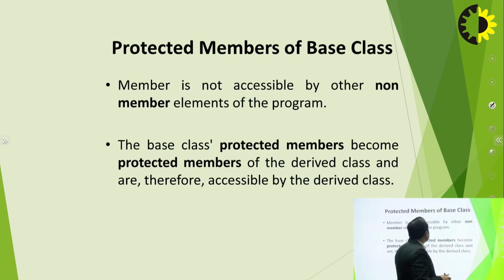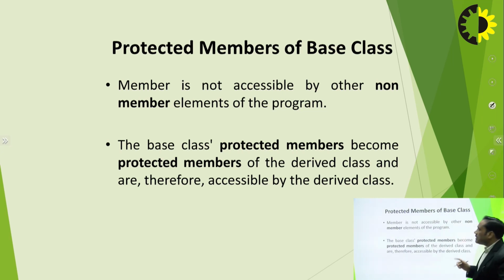What is a protected member of the base class? A protected member is not accessible by other non-member elements of the program. So protected members can be accessed by the part of the program within the braces, not outside the braces. The base class protected members become protected members of the derived class.